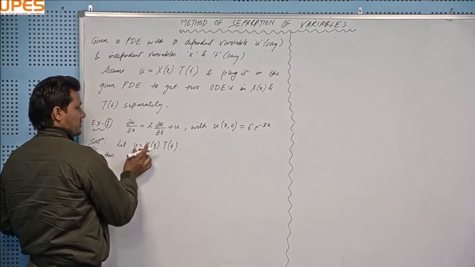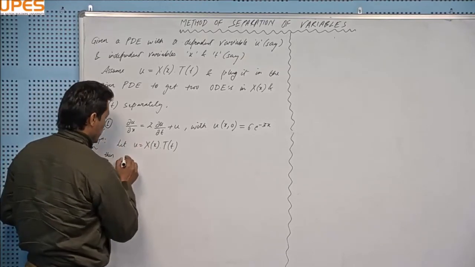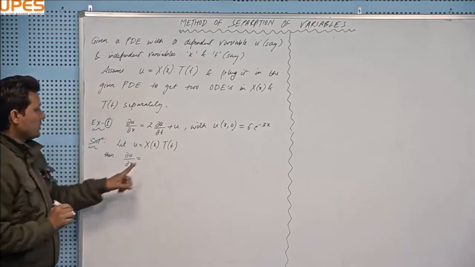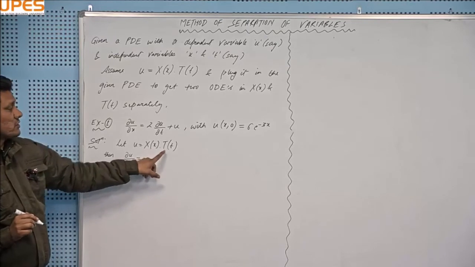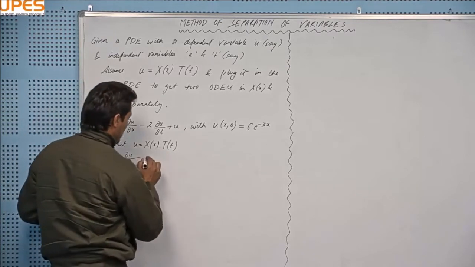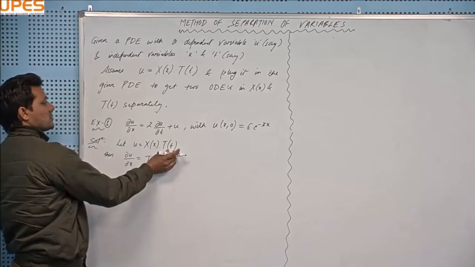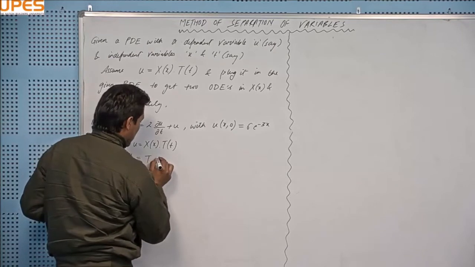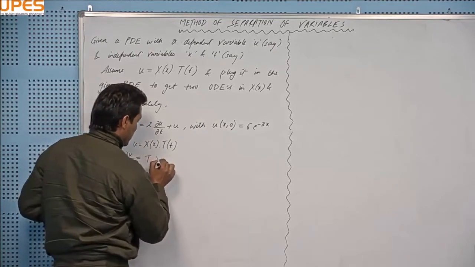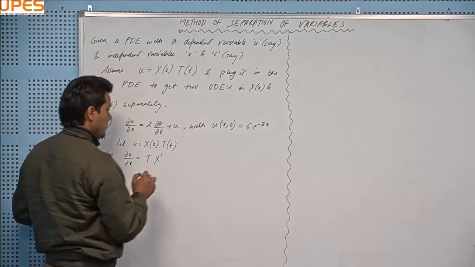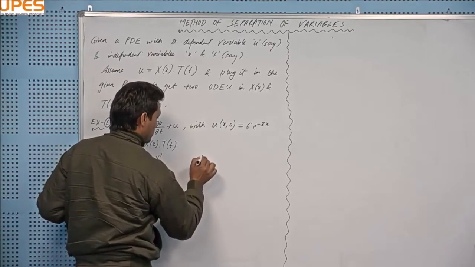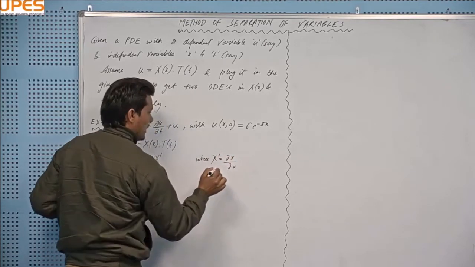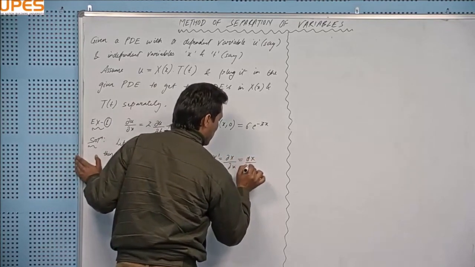Finding del u by del x will produce the differentiation of this function, because this is a function of t, that will produce T times, now I am skipping this term inside the bracket, capital T of t obviously, and dX by dx, let me write that X dash, where X dash means dX by dx, and that is eventually the same as the ordinary derivative.